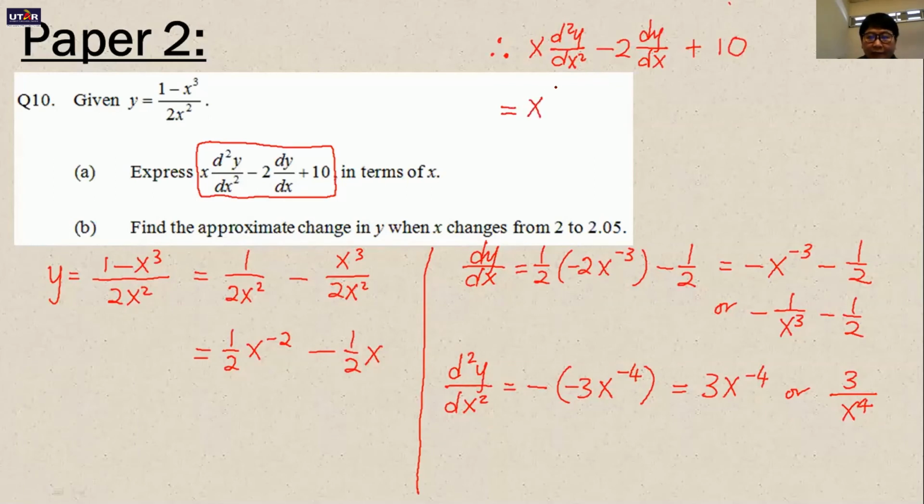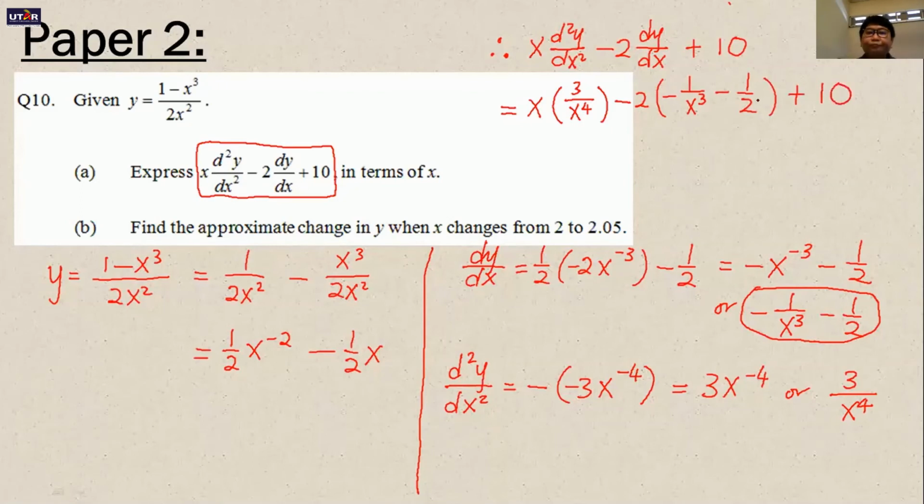So x times the second derivative is 3 over x power 4. And minus 2 times the first derivative. This is my first derivative. Right? Negative 1 over x power 3 minus half plus 10.